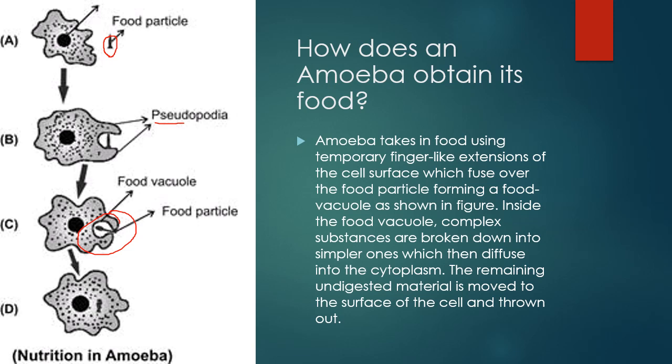Fine. So inside the food vacuole, complex substances are broken into simpler ones, which then diffuse into the cytoplasm. The remaining undigested material is moved to the surface of the cell and thrown out. This is how amoeba obtains its food. The process name is endocytosis.